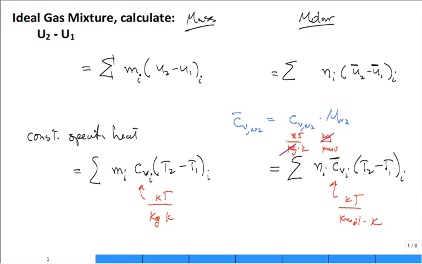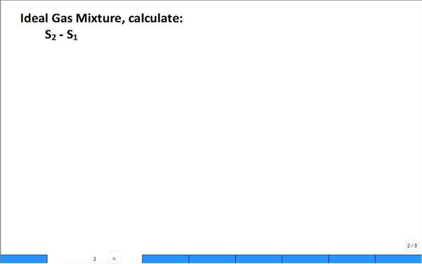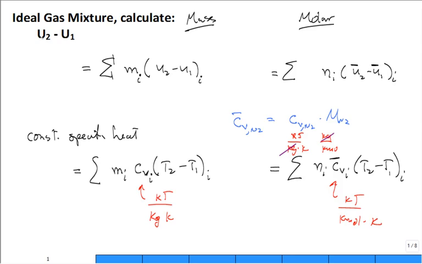Okay. So, what do you think when you have the change in enthalpy? Somebody comes and they say, now it's H2 minus H1. What do you think? The whole slide basically is repeated, where instead of the lowercase u, you have the lowercase h, or the lowercase h bar.